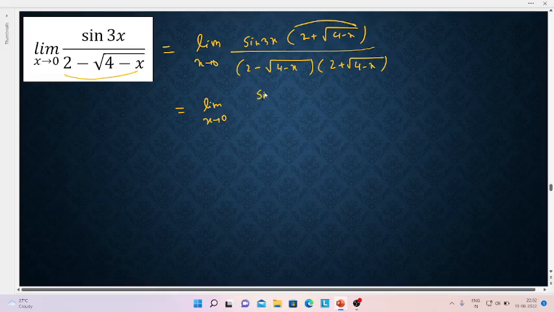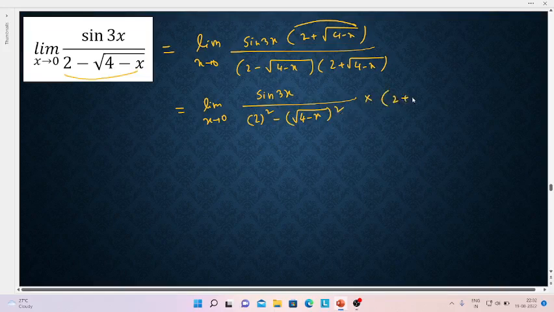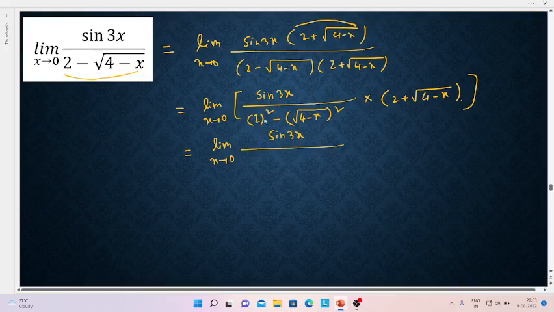So it will be limit x tending to 0 of sin 3x upon, that will be a minus b times a plus b, which is nothing but a square minus b square. So that will be 2 square minus root under 4 minus x whole square, right? And on the right side we have only 2 plus root under 4 minus x. So this is actually the function. Now, sin 3x upon 4, and the square root will be cancelled out and it will be 4 minus x, right?